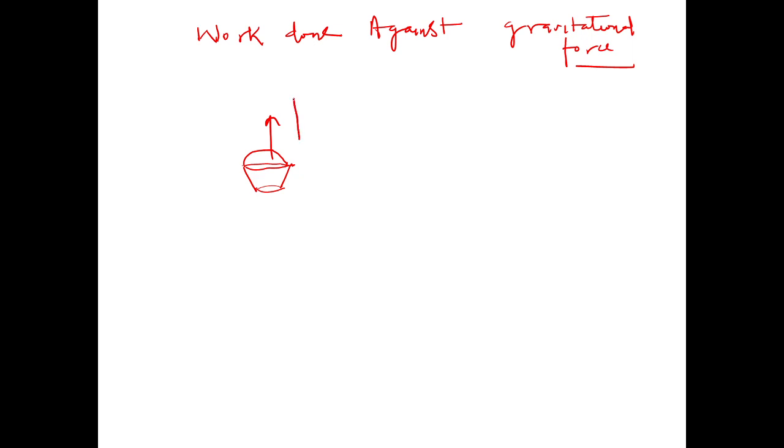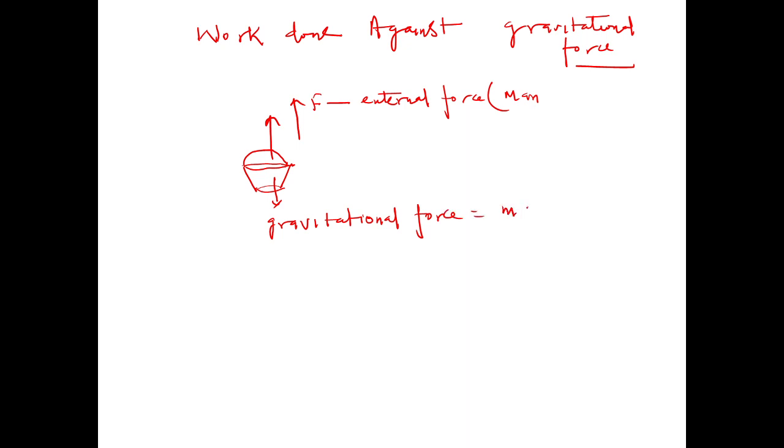The force is applied upward, and this is the external force, in the form of the external agent, the man. The force of gravity, the gravitational force, is equal to m times g, where m is the mass, and it acts vertically downward. So the external force is applied upward and the bucket is displaced upward.